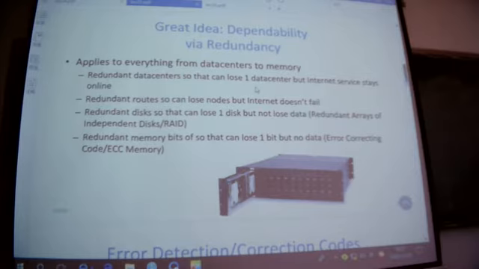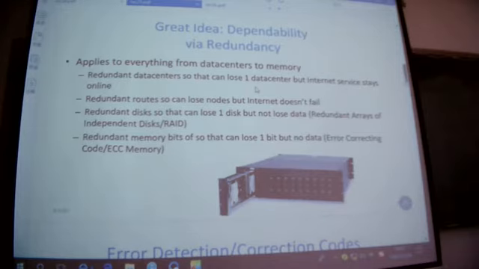If we lose some disks, the data center has several disks, so the data in the server is still useful and not missing. Redundant memory also means we can lose one bit but no data.